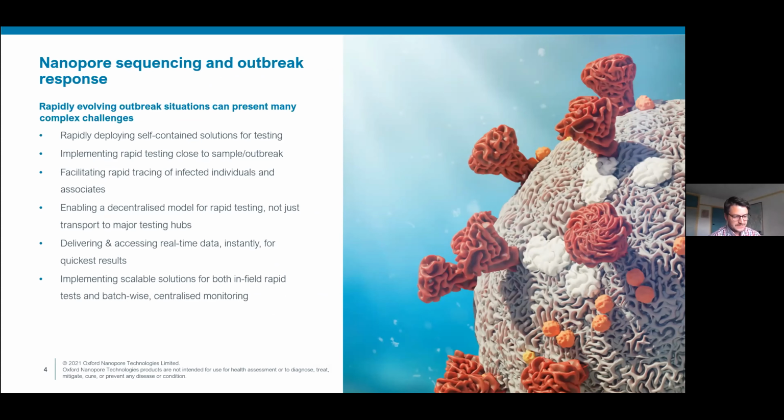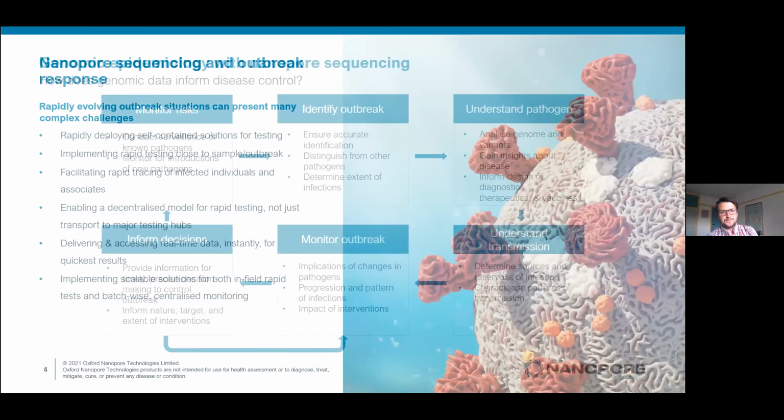For those that are aware, nanopore sequencing delivers the answer very quickly, in some cases in real time, and this enables people to implement scalable solutions for in-field rapid testing. And if you want to move to a more centralized model, then larger batch sequencing.